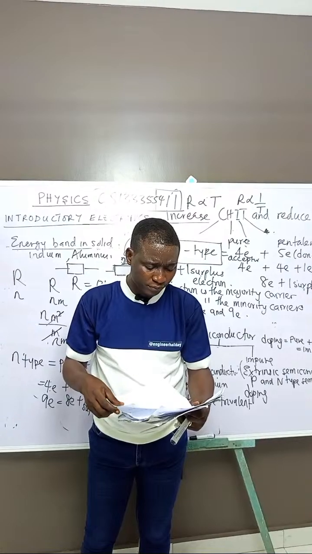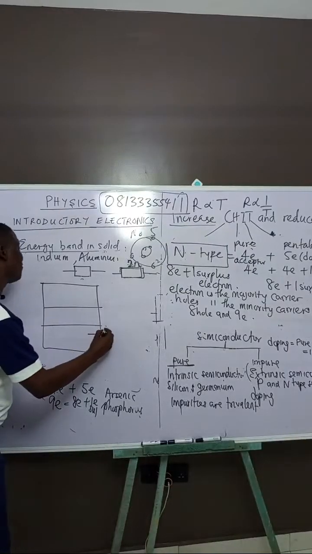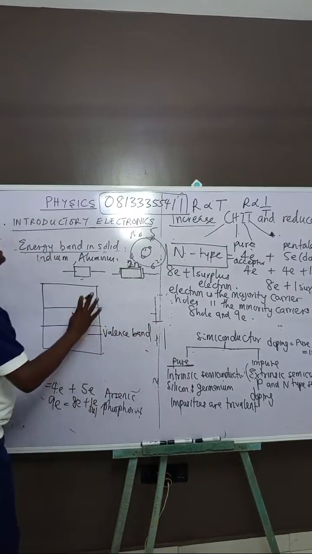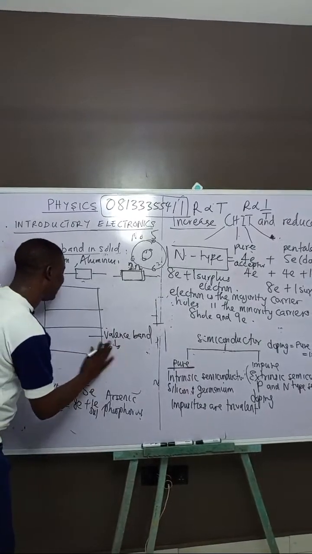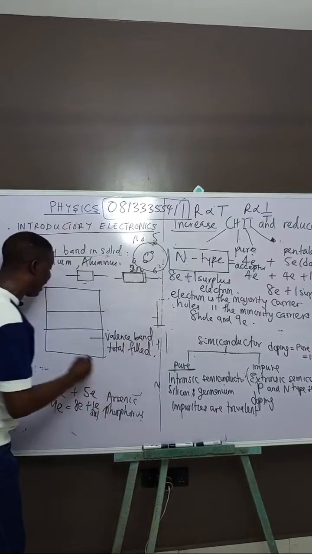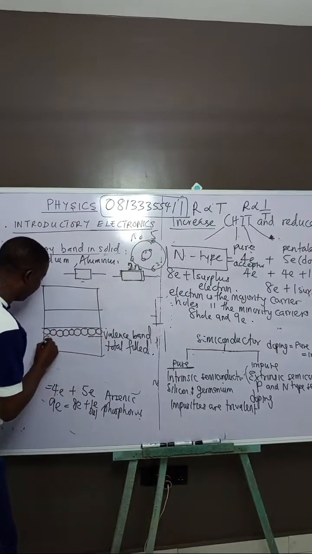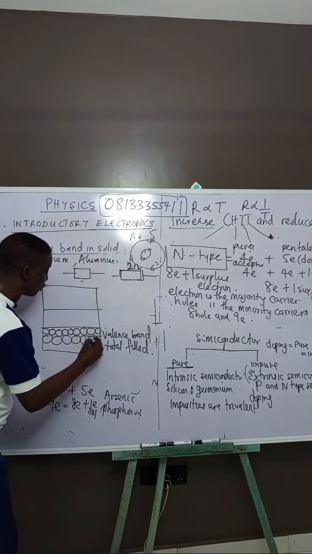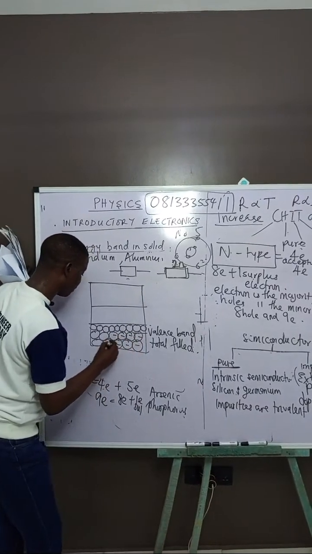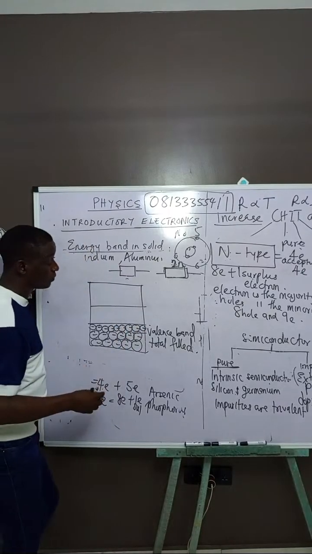I've answered number 2. Number 2 says in a pure semiconductor, the valence band is either totally filled. That means everything is filled with electrons.